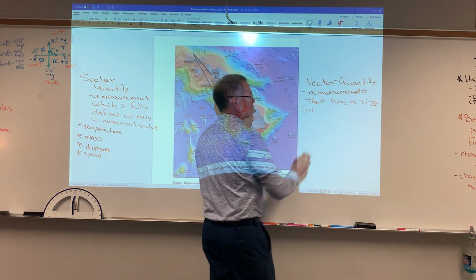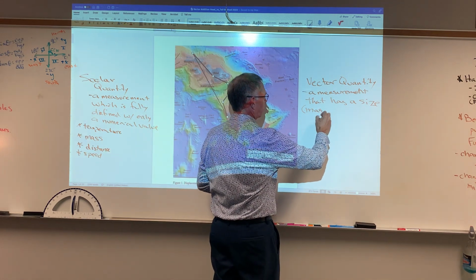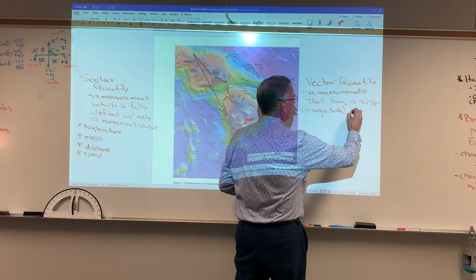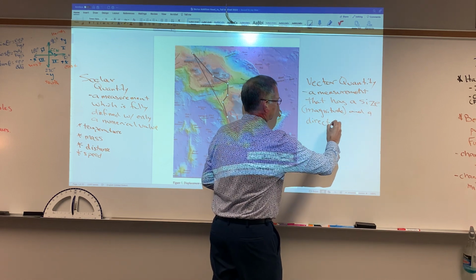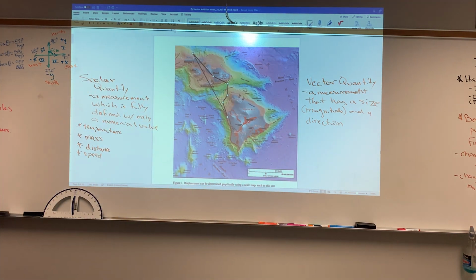And a lot of times the term that's used for size is magnitude. Magnitude, okay? And a direction, okay? So it has to have both pieces of information to be considered a vector quantity, all right?